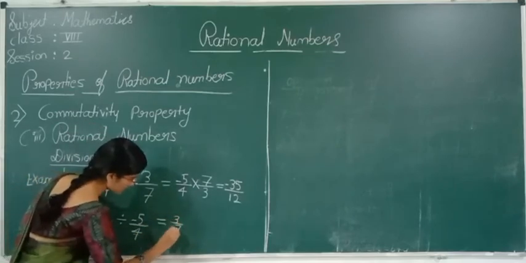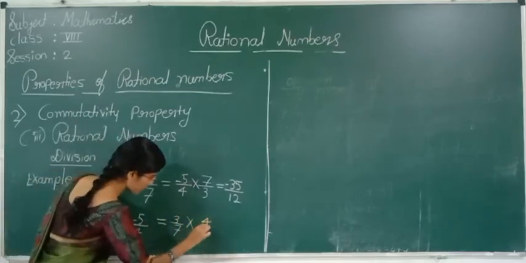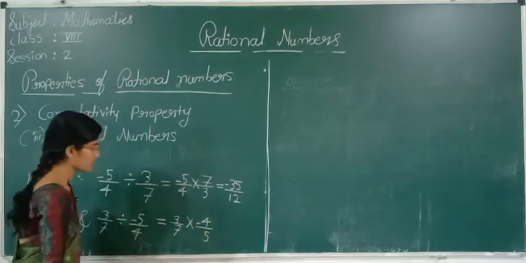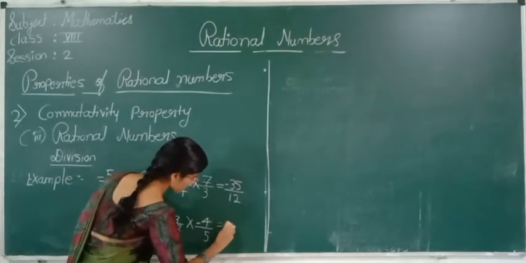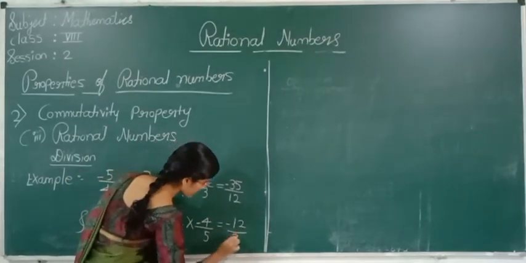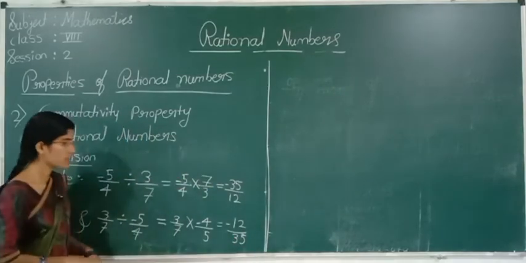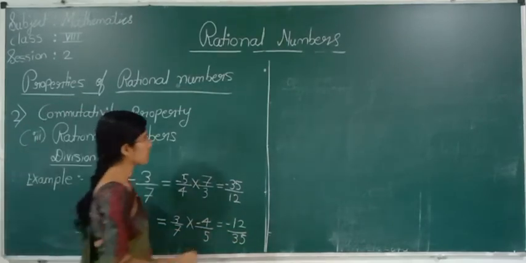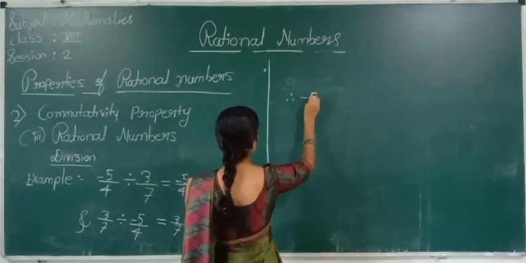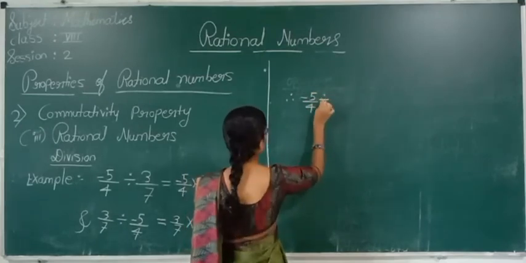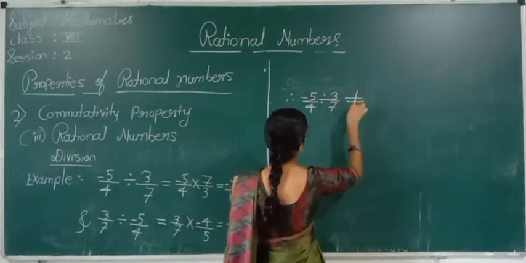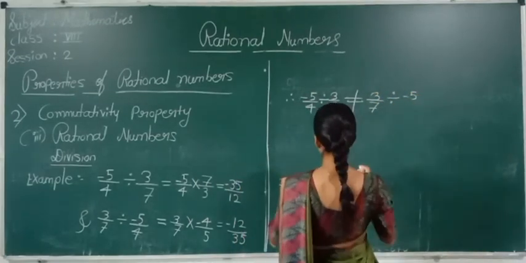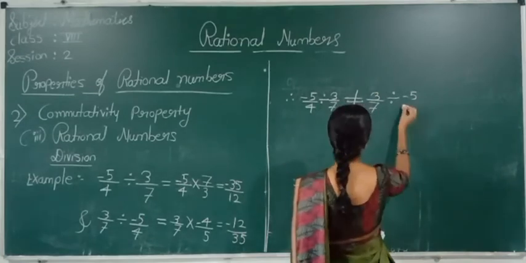Now we will check here. 3 by 7 multiplied by minus 4 by 5. Now, 3 4s are 12, so minus 12 by 7 5s are 35. See here, the answers are different, right? Therefore minus 5 by 4 divided by 3 by 7 is not equal to 3 by 7 divided by minus 5 by 4.